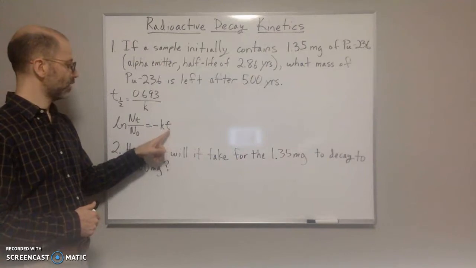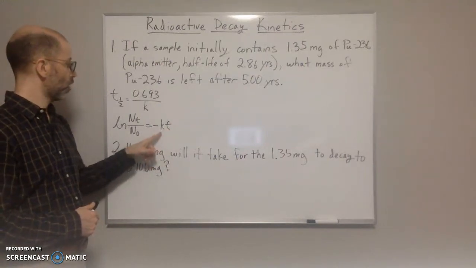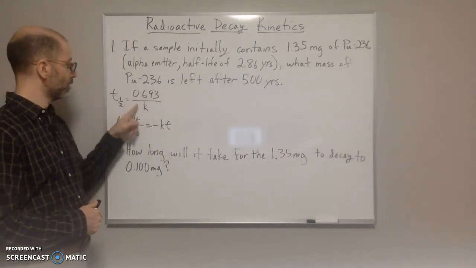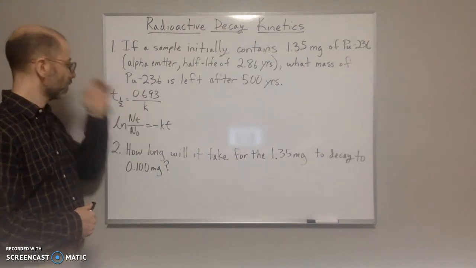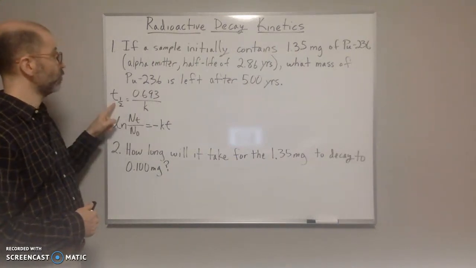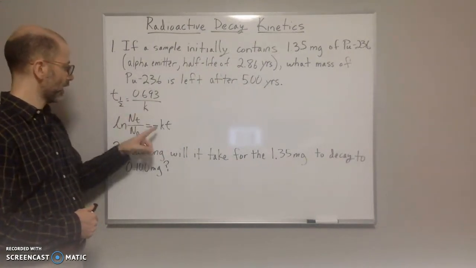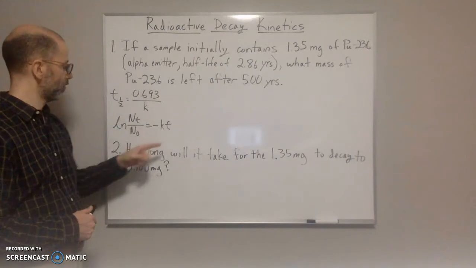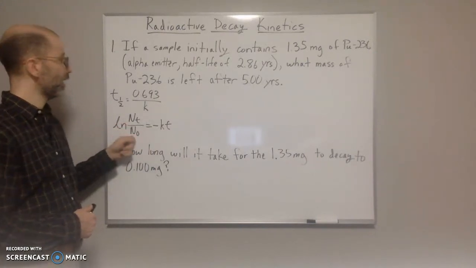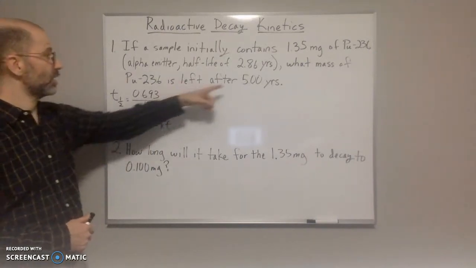Well, they gave us the time in years. We'll figure out k right here using the half-life, which is given as 2.86 years. And once we find k, we can plug that in. We'll plug in the 5 years. And then what we need to find is the amount left.